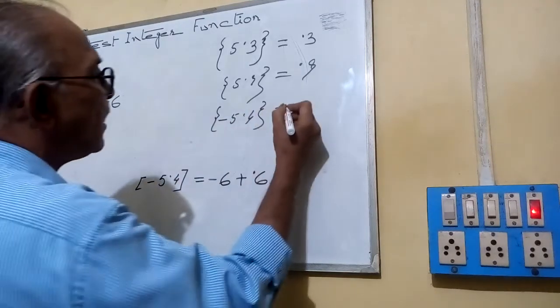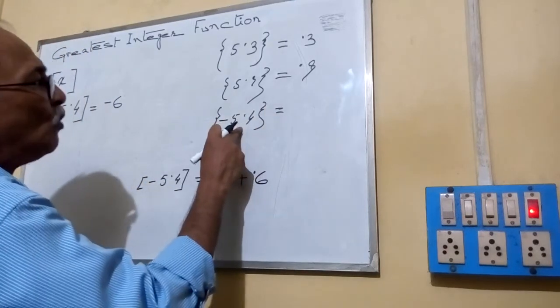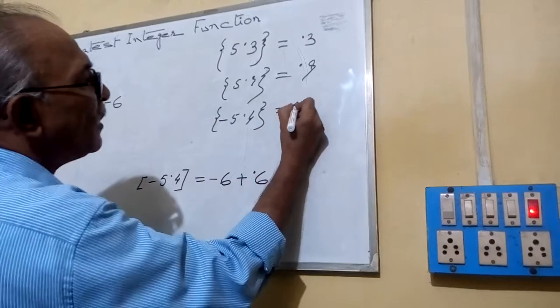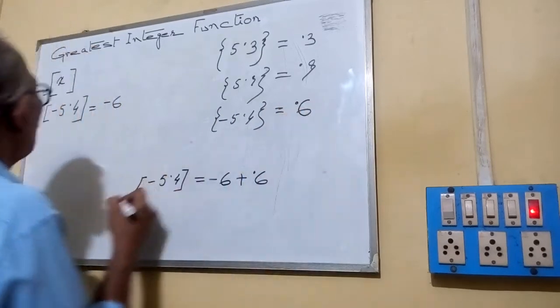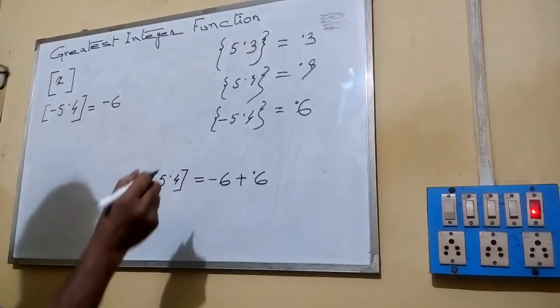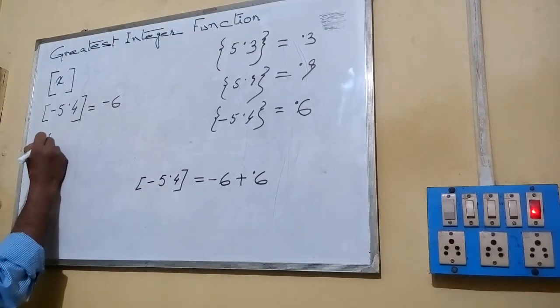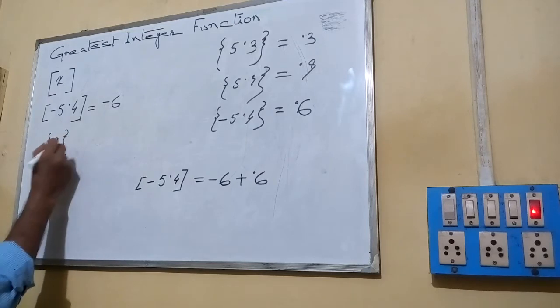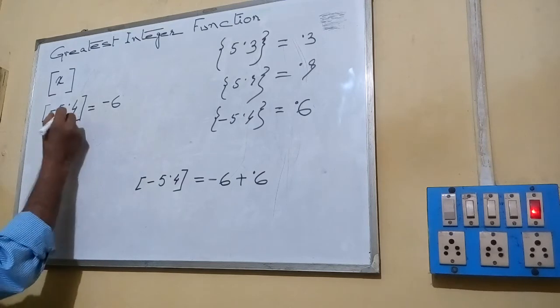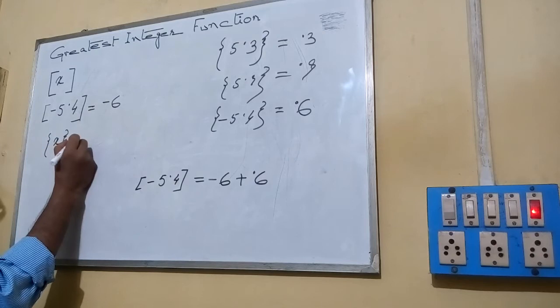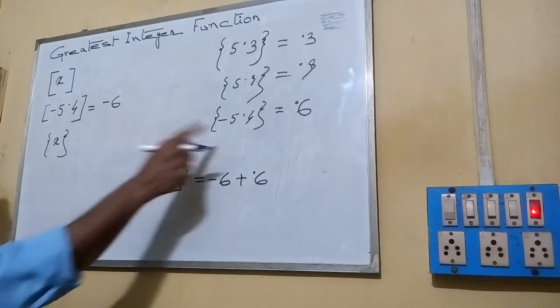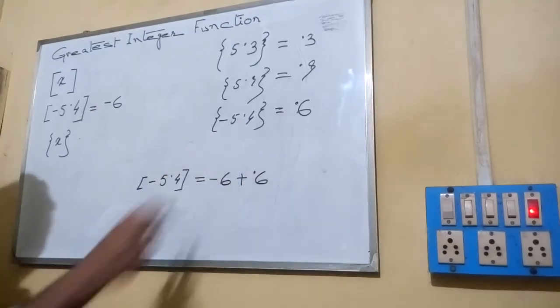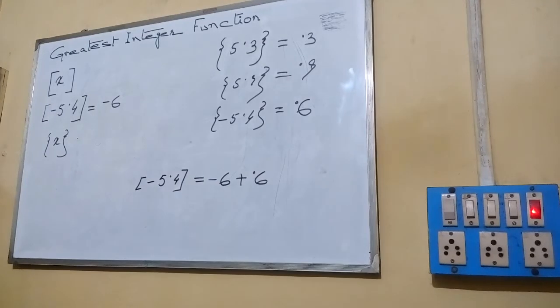So here the decimal part will not be 0.4, the decimal part will be 0.6. In this way, this function is known as the decimal part of x, and the decimal part of minus 5.4 equals 0.6.